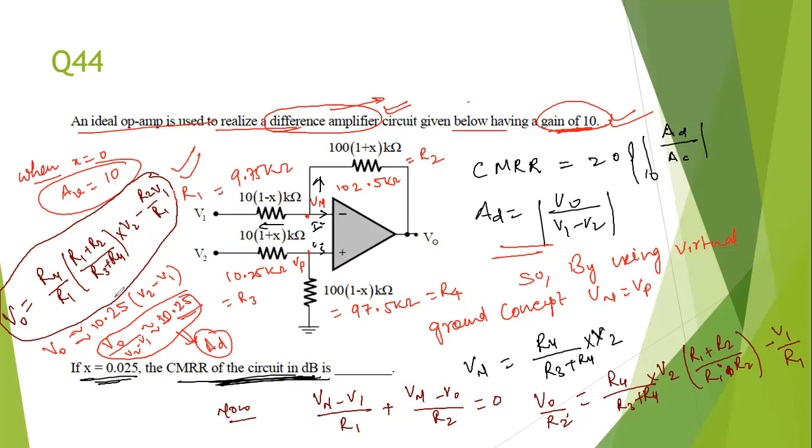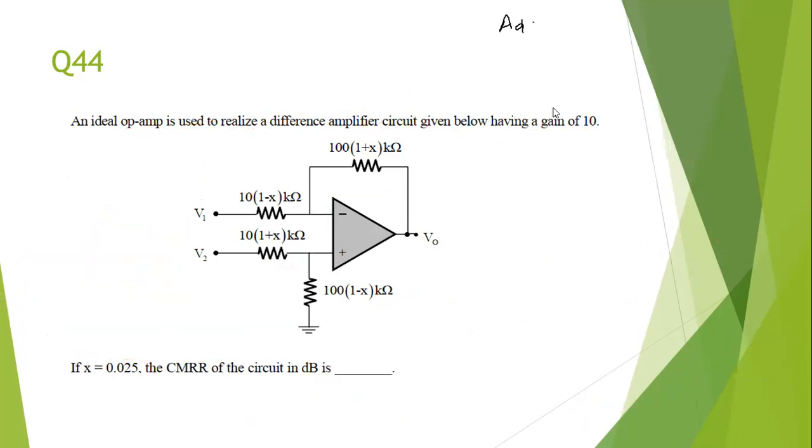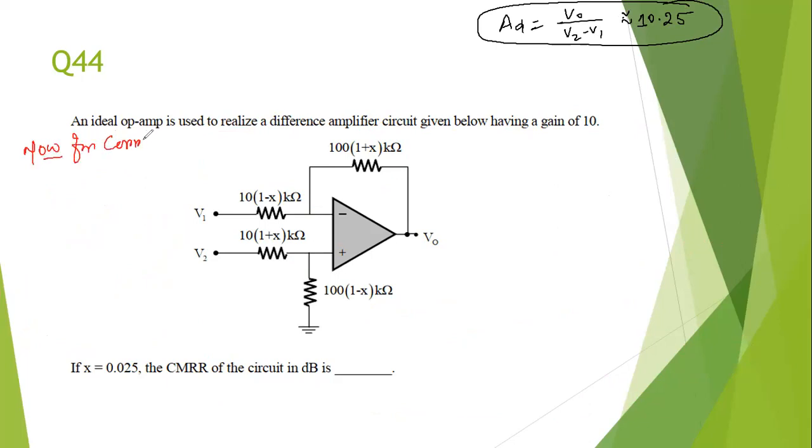Now after that, common mode gain. This is case one, so common mode gain. Here I have already discussed AD equal to V0 by V2 minus V1, approximately 10.25. Now I am going to discuss the next one, the common mode gain.